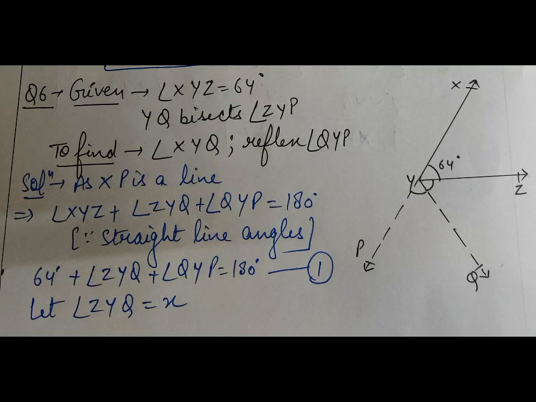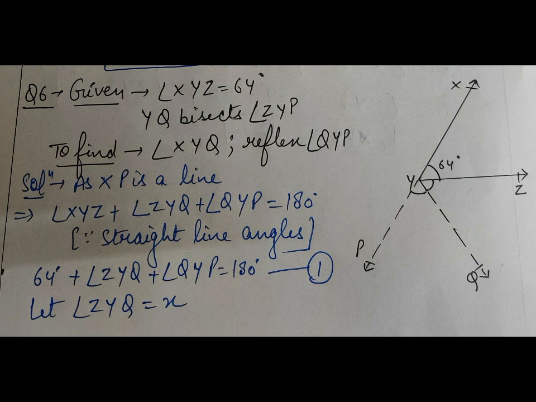Then come to the next question. It is given that angle XYZ is equal to 64 degrees and XY is produced to point P. Draw a figure from the given information. If ray YQ bisects angle ZYP, find angle XYQ and reflex angle QYP. Now here we have to draw the figure ourselves.